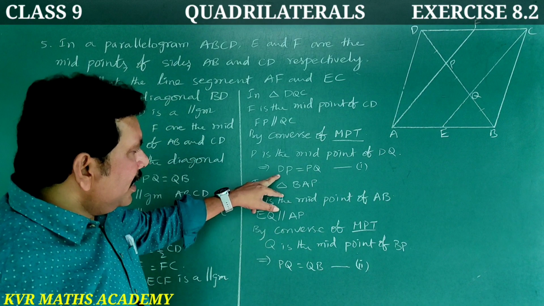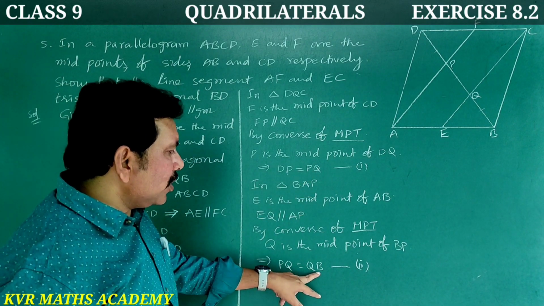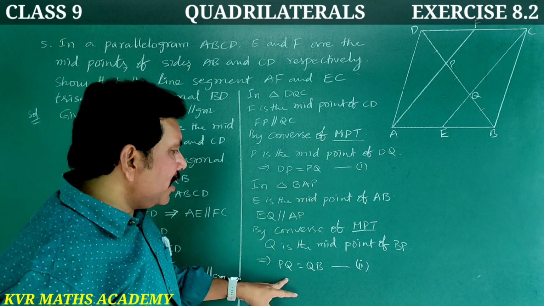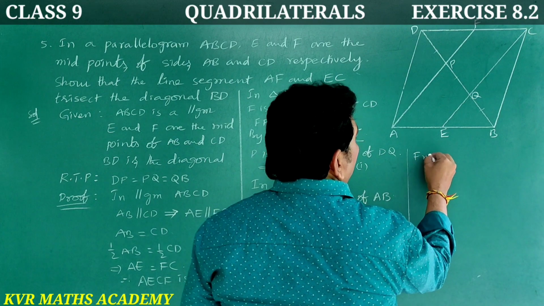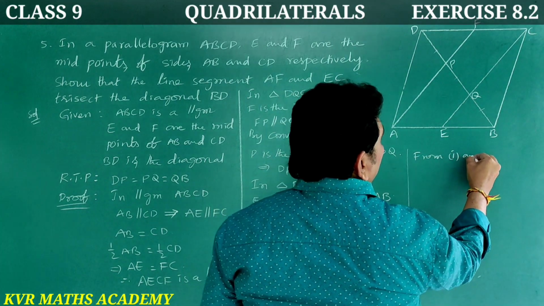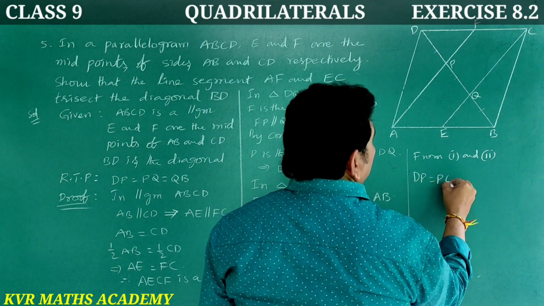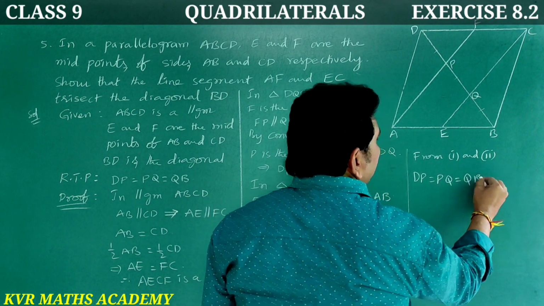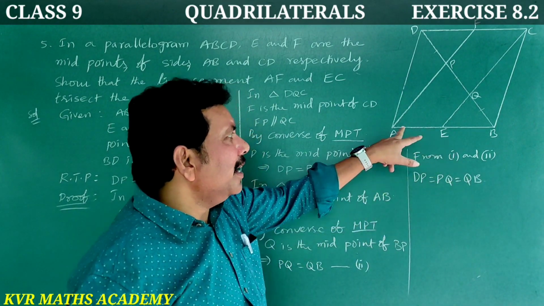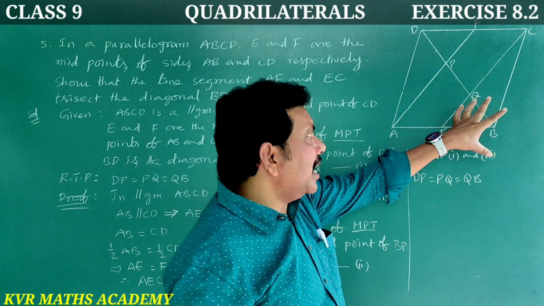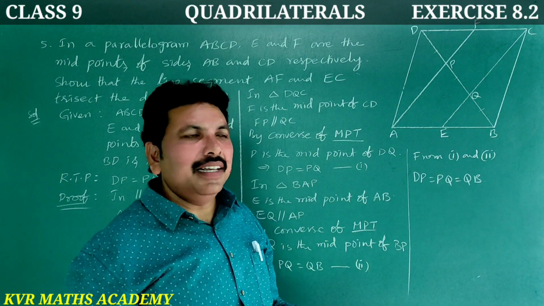See, from 1, DP is equal to PQ. From 2, PQ is equal to QB. So automatically DP is equal to PQ is equal to QB, right? From 1 and 2, DP is equal to PQ is equal to QB, which means AF and EC trisect the diagonal BD.